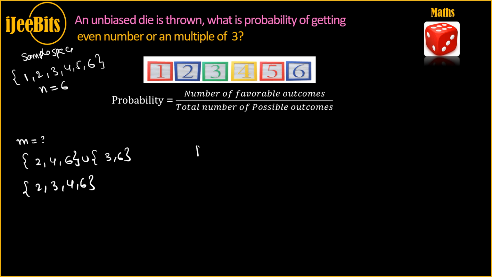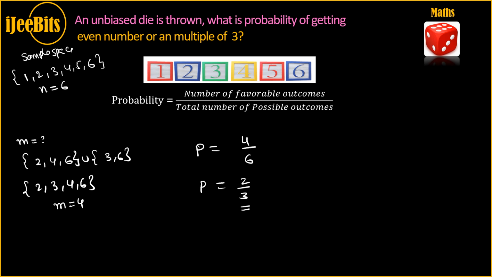So the probability: favorable outcomes are 4 and the total is 6, hence 2 by 3. So your probability of getting an even number or a multiple of 3 is 2 by 3.